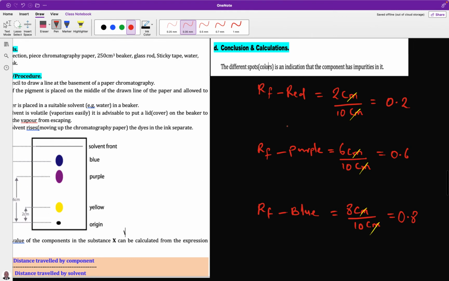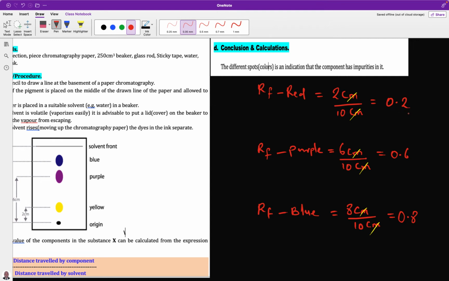Let's say for red, the distance traveled was 2 centimeters, divided by 10 centimeters, which is the distance traveled by the solvent. And now, what will be the RF value? The RF value for the red component will be 0.2.